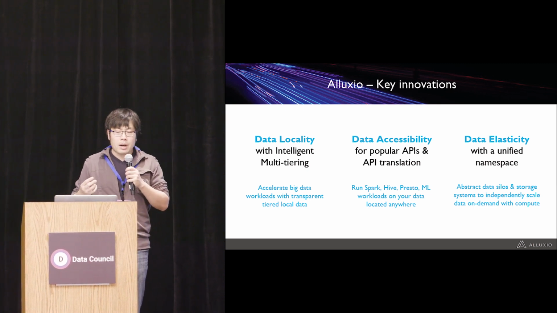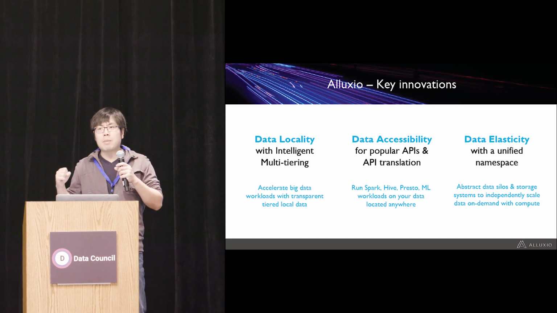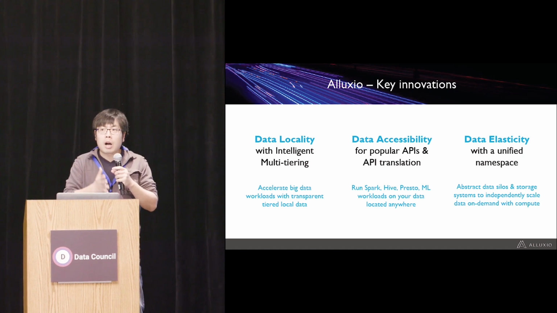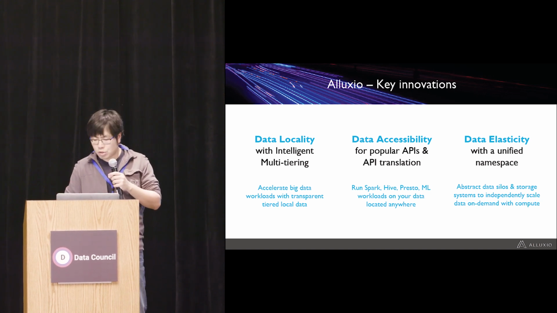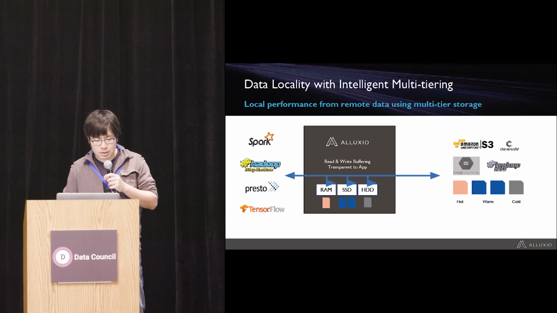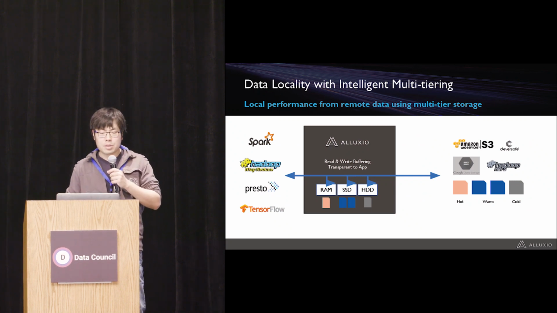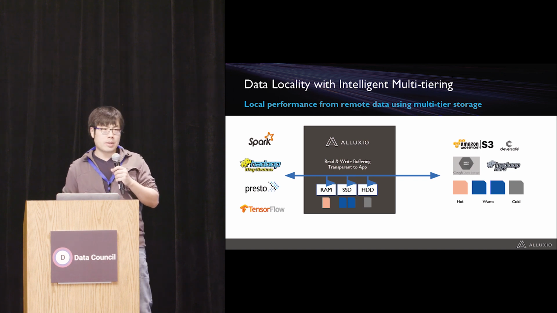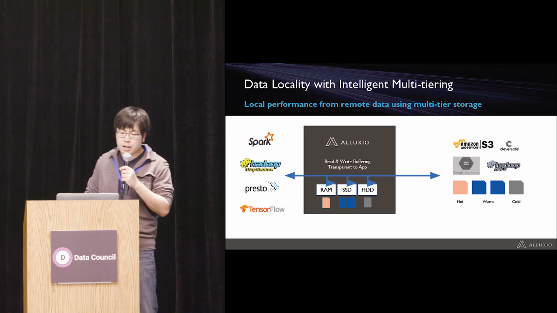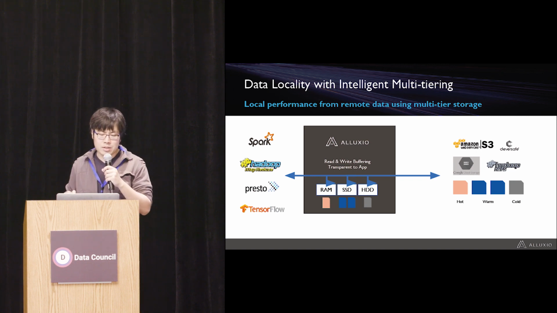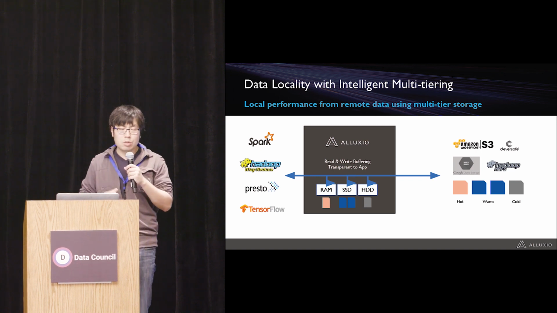In this way, the data really becomes an abstraction to applications and data scientists, rather than concrete storage systems. I will have more concrete examples of that. So this is how we improve data locality. If some data is hot, Alluxio, as one example of the data orchestration layer, will just cache this hot data closer to the computation.